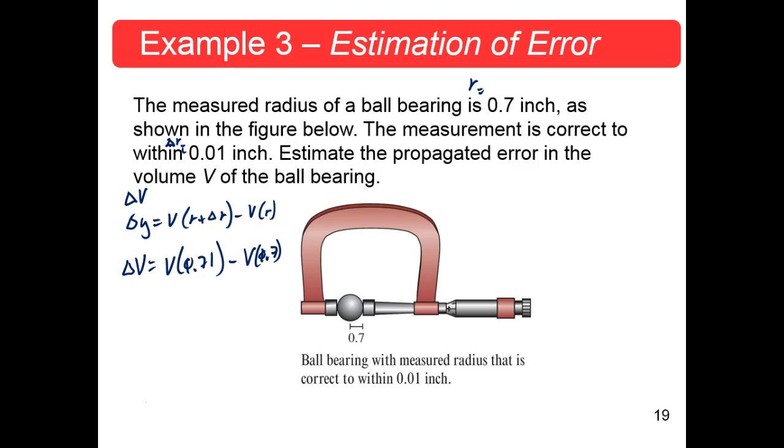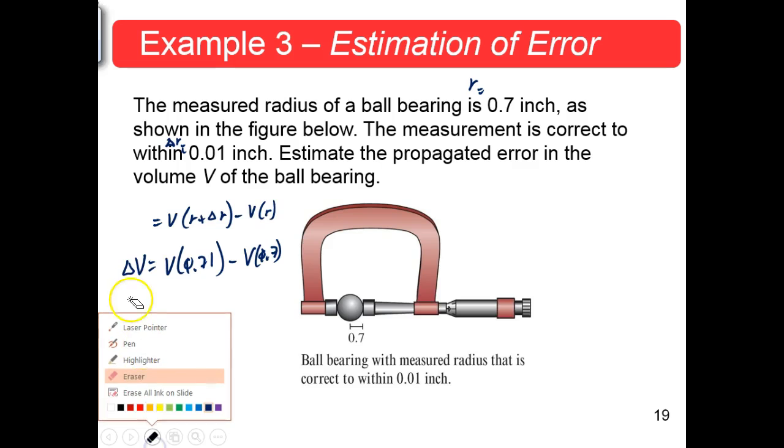And your error in that, the measurement is correct within 0.01 inch. So that would be your change of R, your error in R. So your change of volume here, and now I'm wondering why I put Y here. So let me get all this changed.